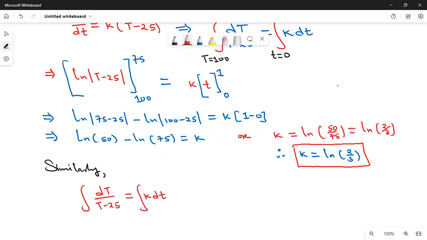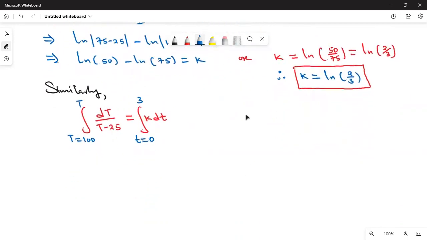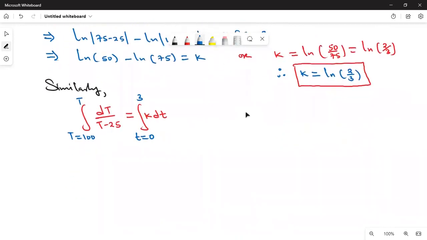Again, the integral. Now, initially, when time is 0, temperature is equal to 100. When time is 3, let's write here 3, what is the temperature? Let's use T capital, because that's what we need to predict. Already we know the value of k.